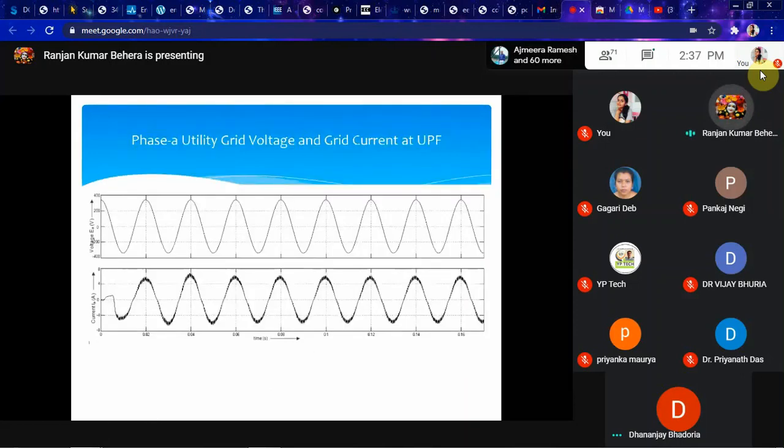And when you pass through this filter circuit, you can see that the lower one is our current and the upper one is our voltage. So that way you can see that our grid current and voltage are both at unity power factor.